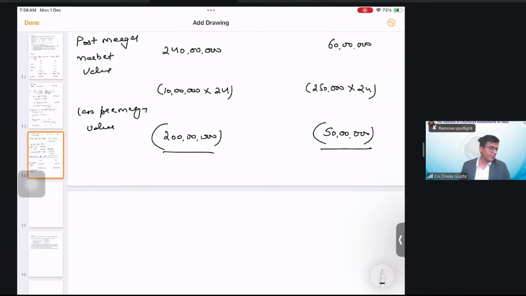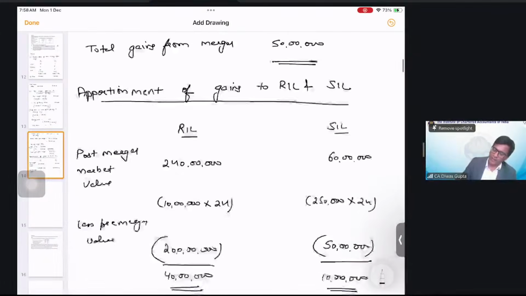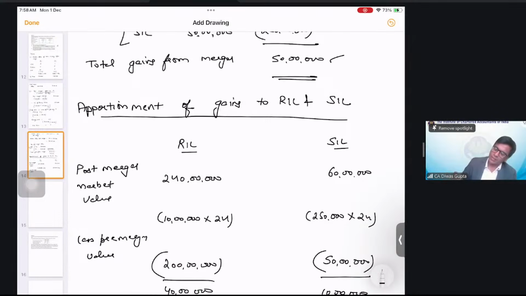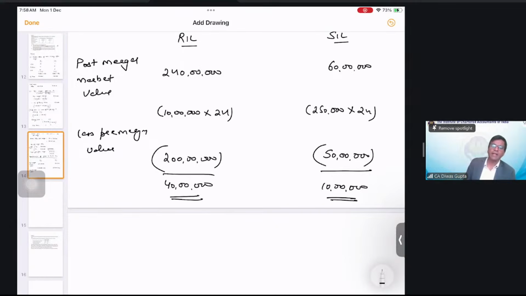Okay. So this is actually 40 lakhs. If we compare the pre and post merger, which is 2.4 crore minus 2 crore, and here it will be 10 lakhs. So if you see, total gain of 50 lakhs is distributed as 40 and 10 lakh respectively between the SIL and RIL limited, right? Post merger.